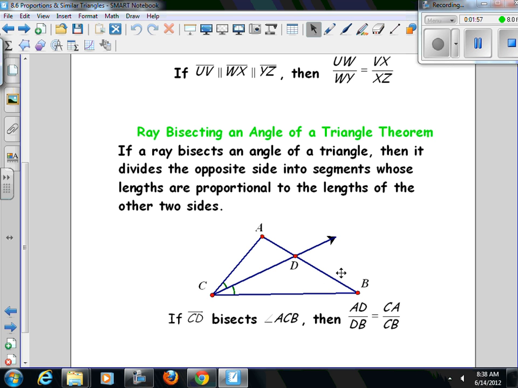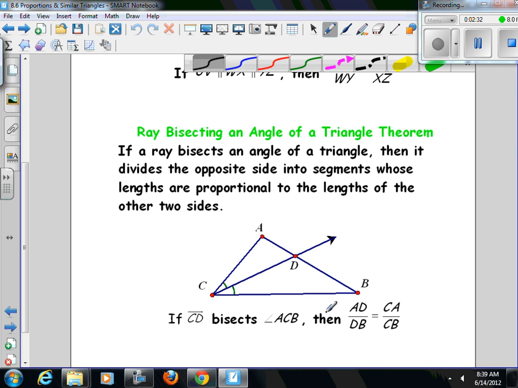Now what this means is if you have this diagram and you're given that ray CD bisects angle ACB, then the ratio of AD to DB is equal to the ratio of CA to CB. That's probably not quite as intuitive as the others that we've looked at. But again, the ratio of AD to DB is equal to the ratio of CA to CB.